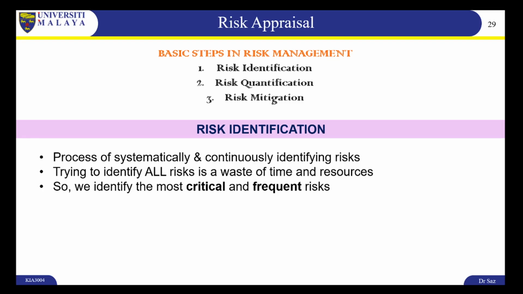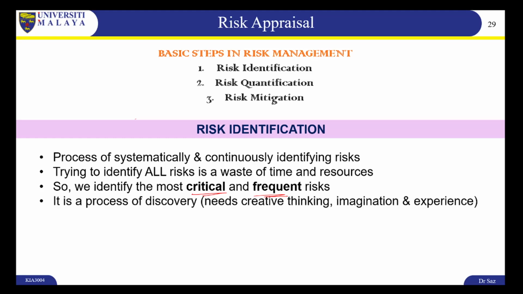Trying to identify all risks is a waste of time, but we need to identify the most critical and frequent risks. So don't try to list all of them, because you definitely won't be able to list all of them. You just need to choose which is the most critical and frequent.